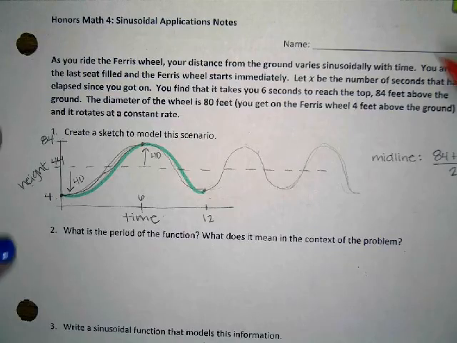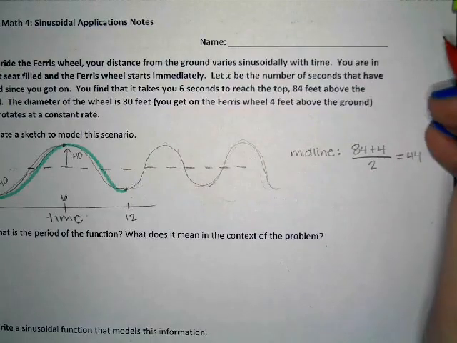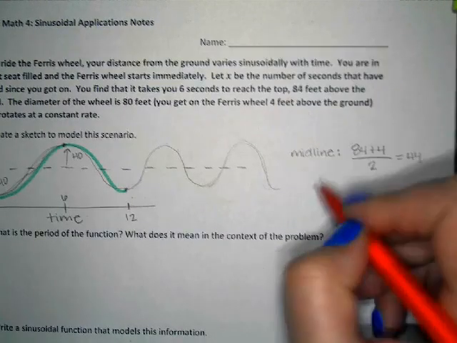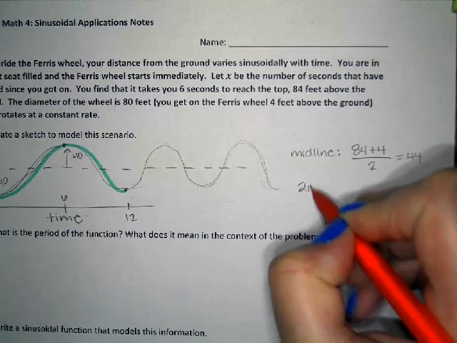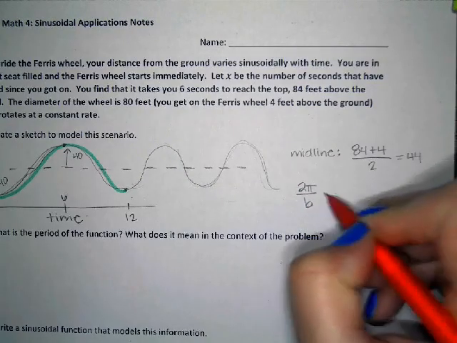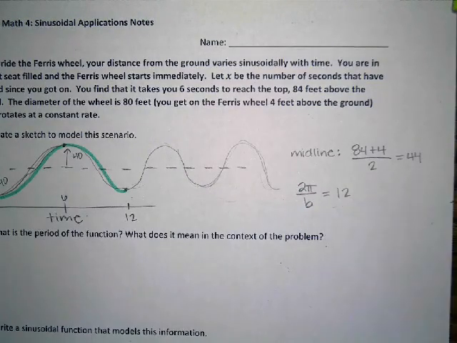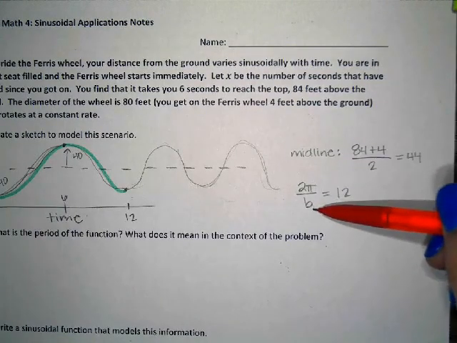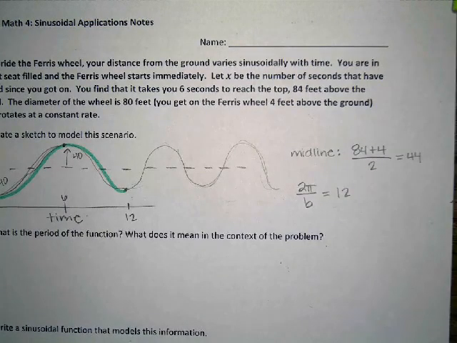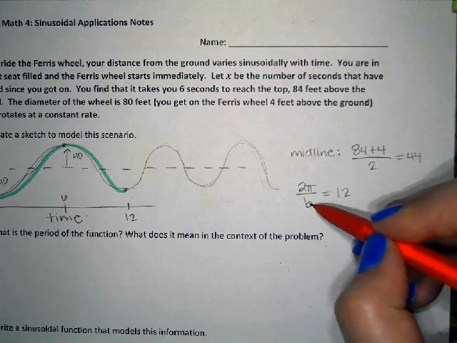We already know the period of the graph. The period is 12. Let's go ahead and figure out what the b value would be. So we know that 2 pi divided by b is 12. That's the whole period of the graph. So how could we solve for the b value? Multiply the b up over here.